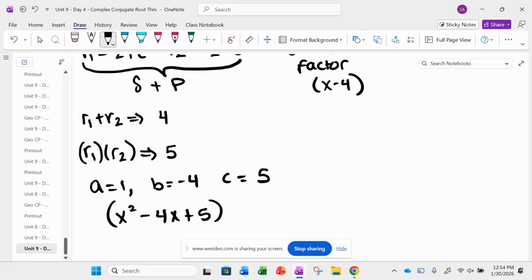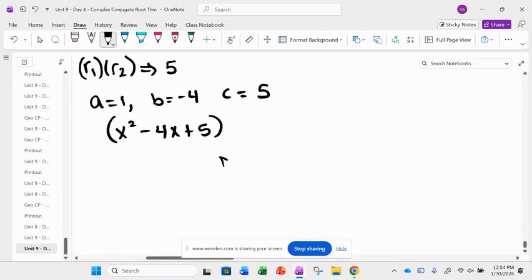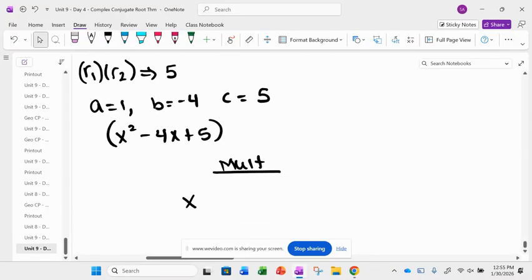What should we do now? Multiply. It's very repetitive, right? x minus 4, okay.